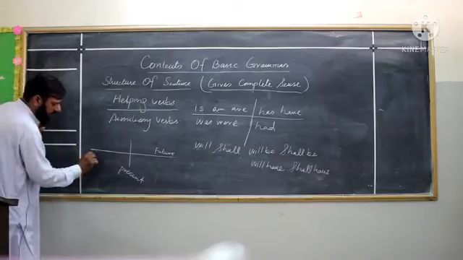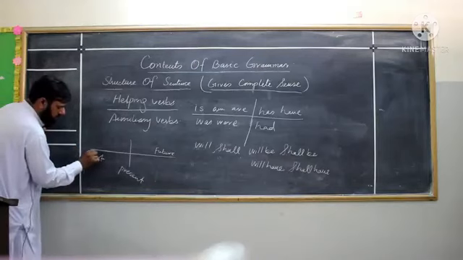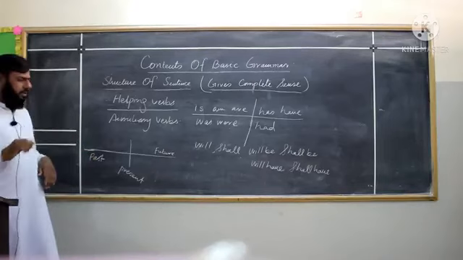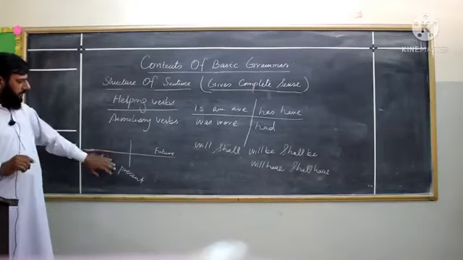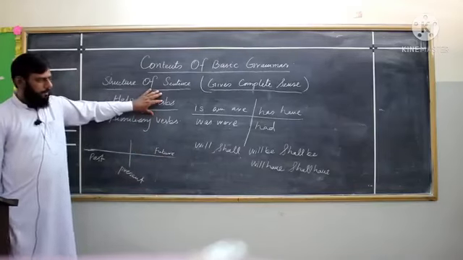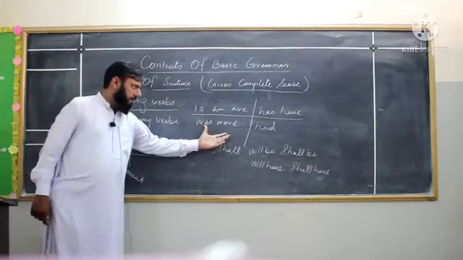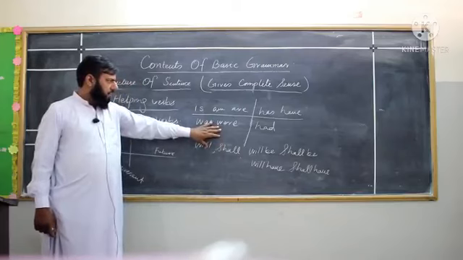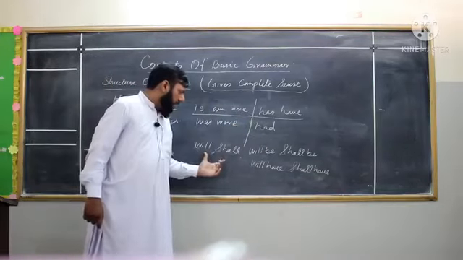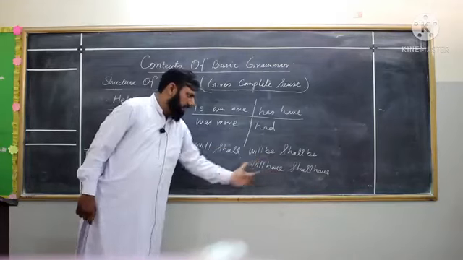And this is the past. Any single minute which has gone is called past. So past, present, and future are always recognized by looking at the helping verb. So these are the helping verbs I told you: is, am, are, was, were, has, have, had, will have, will, shall, will be, and shall be.